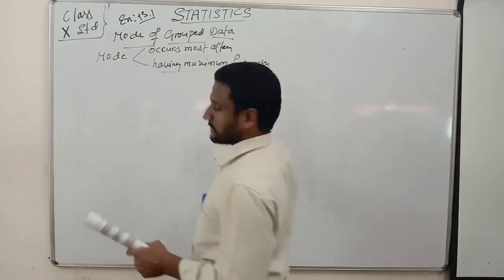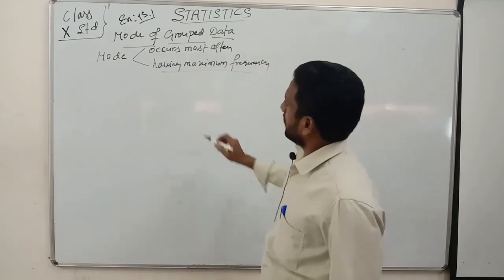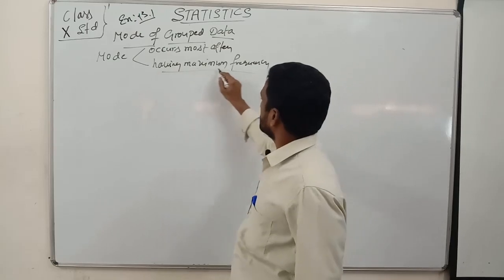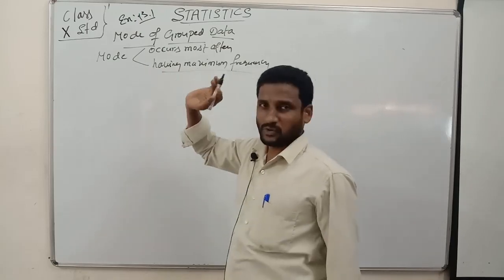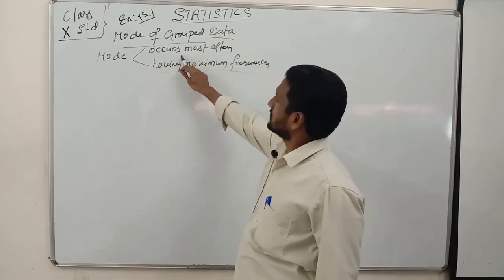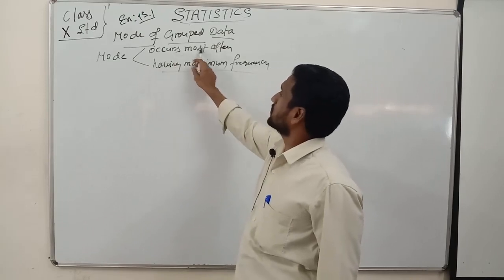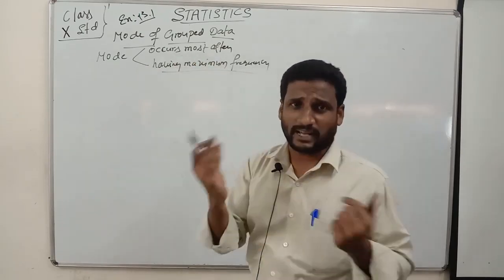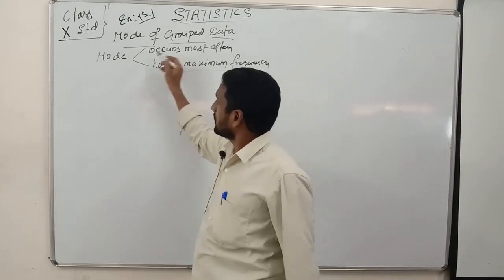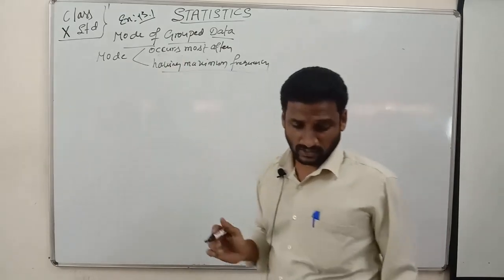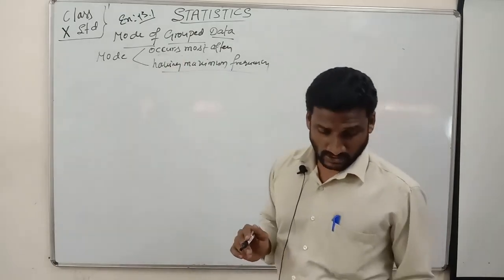The value having the maximum frequency is nothing but the mode. Or the value which occurs the highest number of times is also the mode. How to calculate this mode, we shall see now.